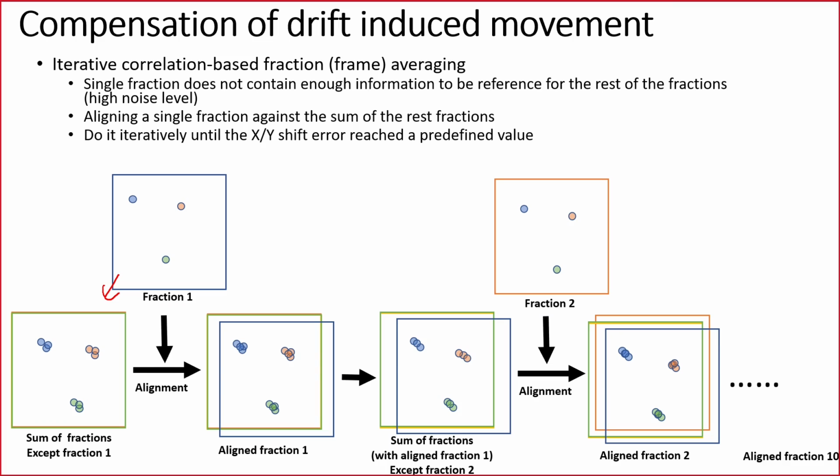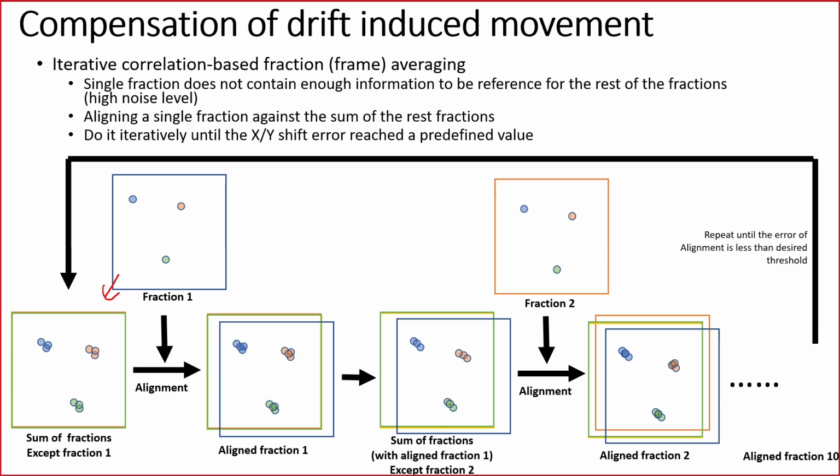We go up to our last fraction, which in this case is fraction number 10, and then we return to the beginning, where we have already somehow aligned all our fractions. That should give us a better sum of fractions at the beginning of the process, and we are again aligning fraction number 1 against all these sums of fractions. Now, we can do this forever.